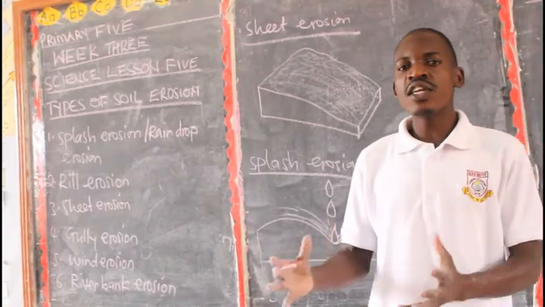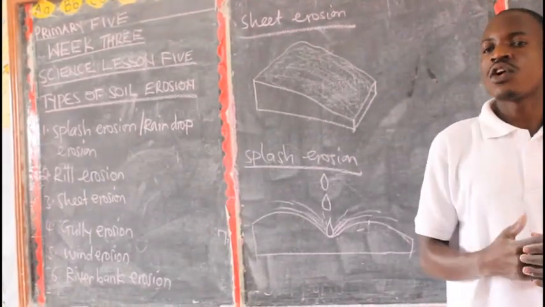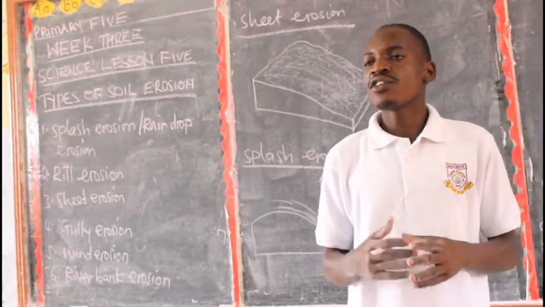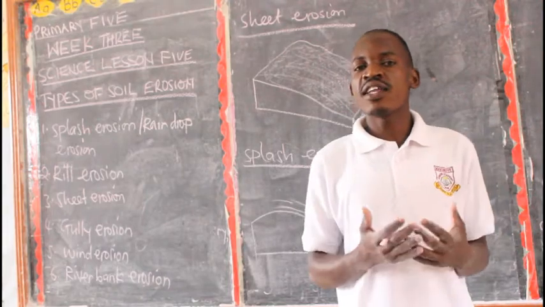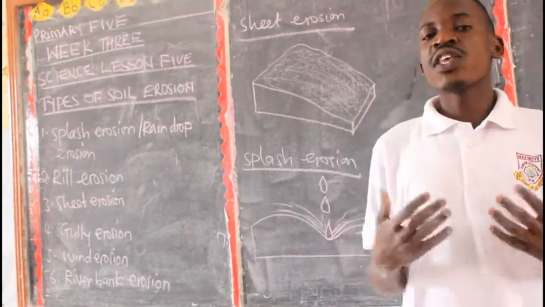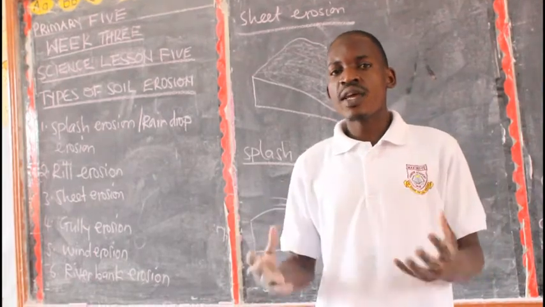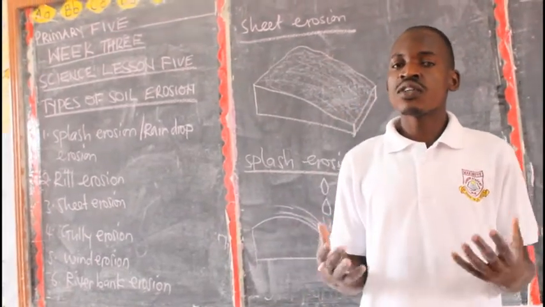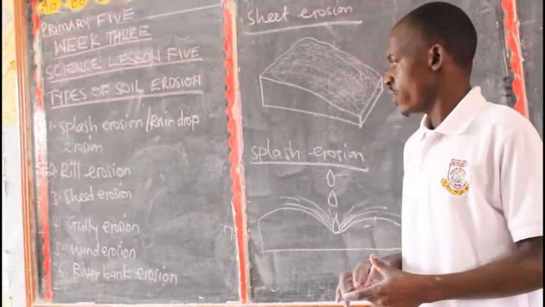So when the wind takes away these loose soil particles, they cause what we call wind erosion. It also happens in desert areas or semi-arid areas where there is no vegetation. So the land is bare and if you cultivate it, you make the soil particles loose or sandy, then it is easily taken by wind.